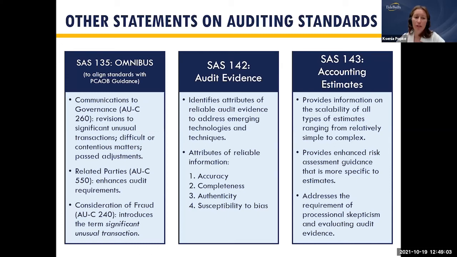So there are changes to what items are being communicated, specifically significant unusual transactions, of which we've seen quite a few in the past year, or difficult or contentious matters that need to be brought to the attention of those charged with governance. So look for some of those changes, and as CFOs and auditors, you will be reviewing those before they go out to the board.